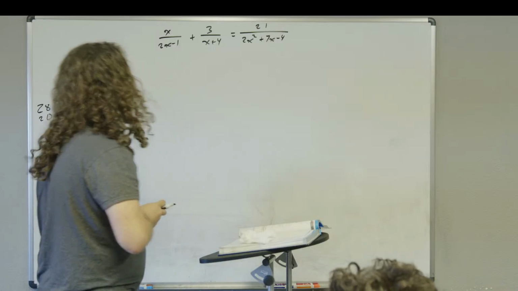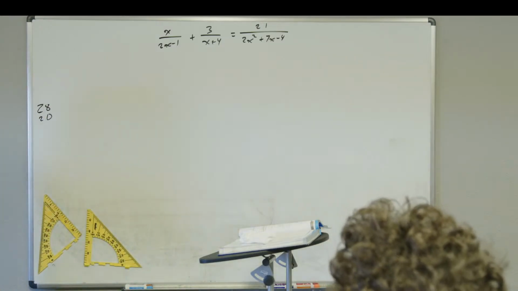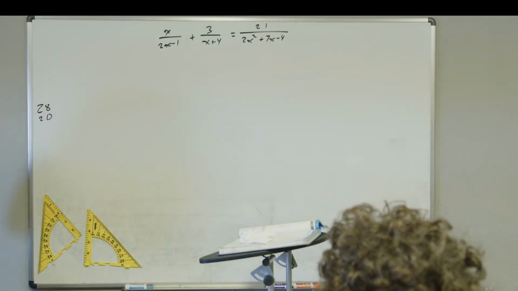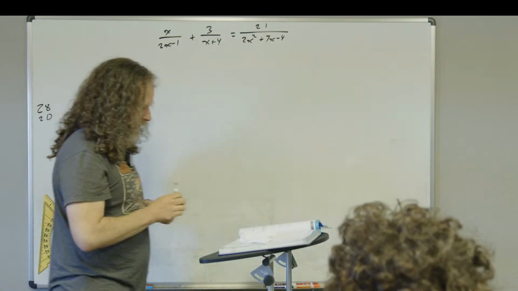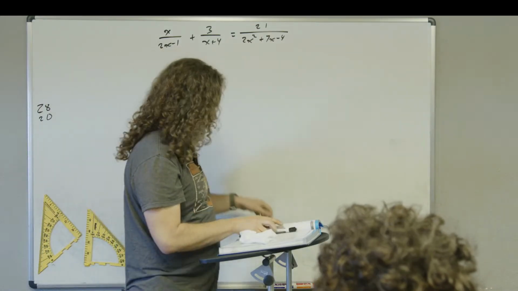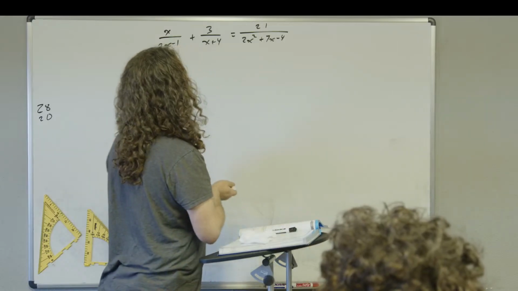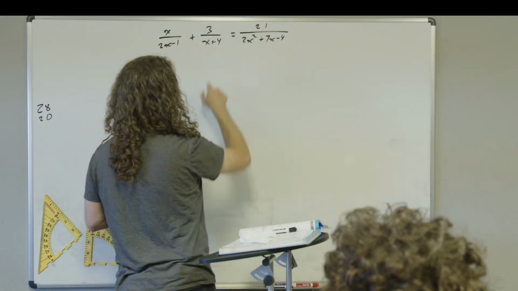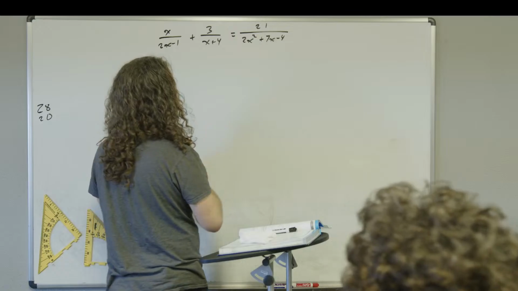So, what should we do? Find the least common denominator. Well, before we do that, what should we do? We should factor this denominator. I bet almost anything it factors into this times this. Let's check and see if I'm right.